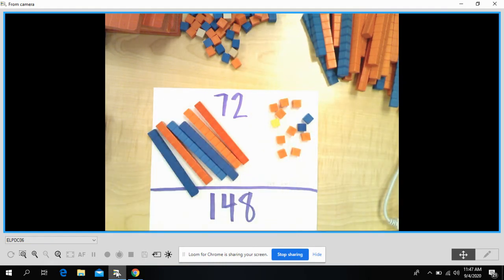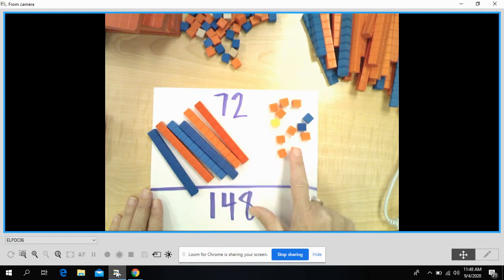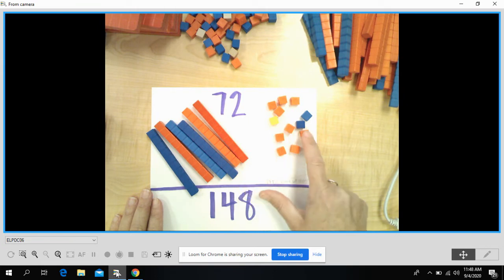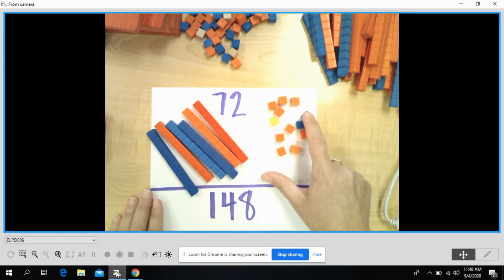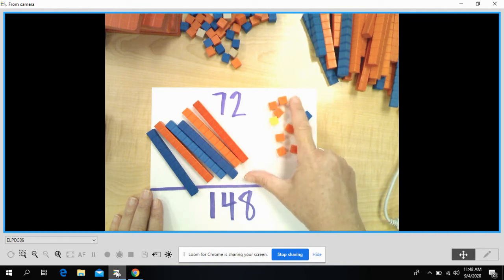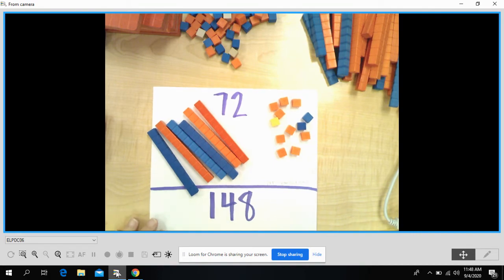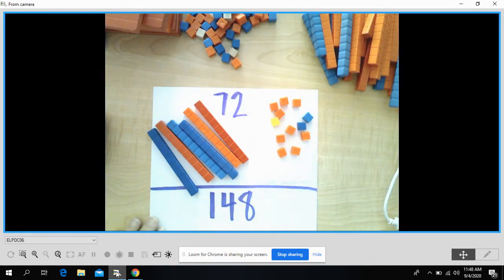Let's count these now and see if I have 72. 10, 20, 30, 40, 50, 60, 61, 62, 63, 64, 65, 66, 67, 68, 69, 70, 71, 72. I do. I have the exact same thing, just made a different way.